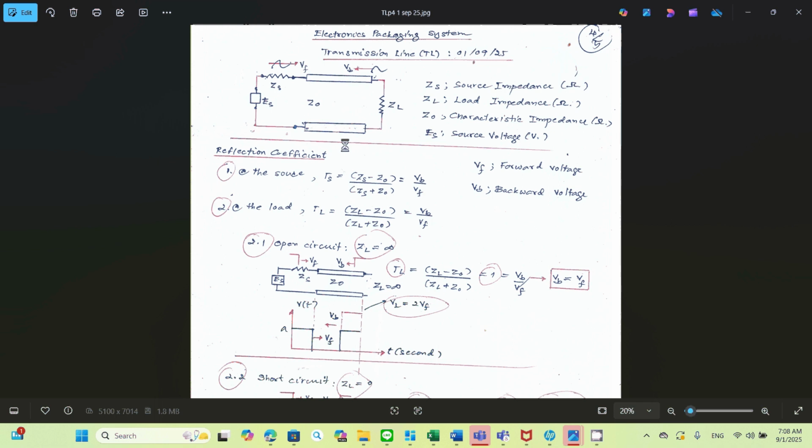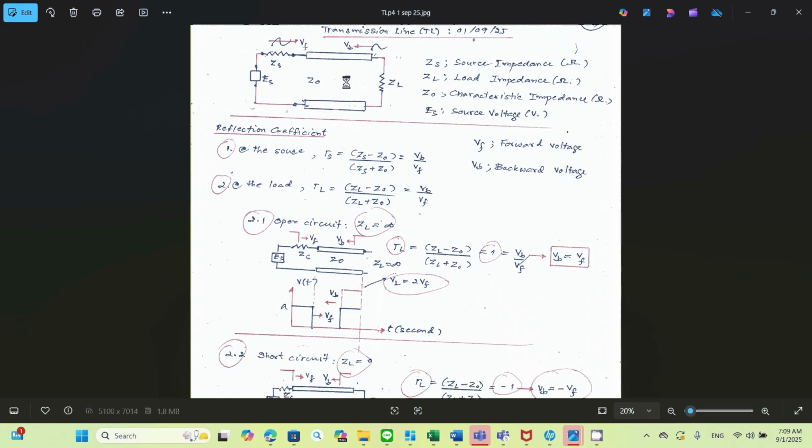This is your transmission line. You have the source voltage, and you have the source impedance, Z_S, and you have the load impedance, Z_L, and you have a characteristic impedance, Z0. This is a constant. The impedance has the unit of ohms.